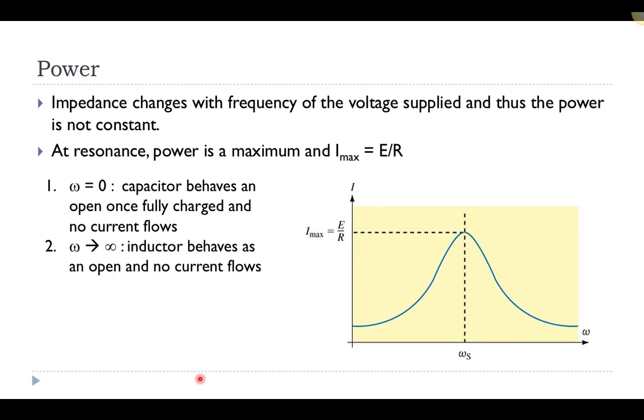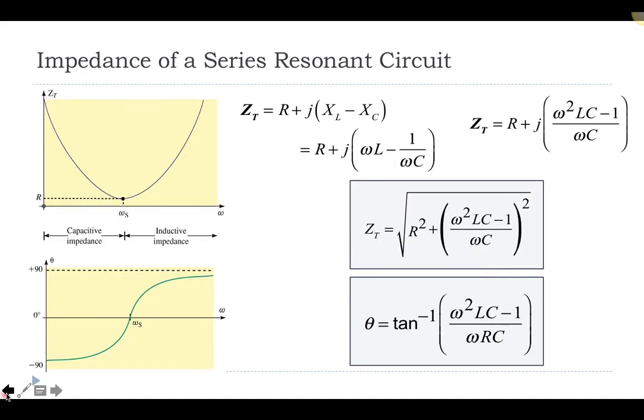So obviously the power is going to change as the frequency changes, because from the last picture that we had, when we're at resonance, we have the lowest amount of impedance in the circuit. And then as we increase or decrease the frequency, the impedance changes. It's not a linear relationship, right? It's got this curve associated with it.